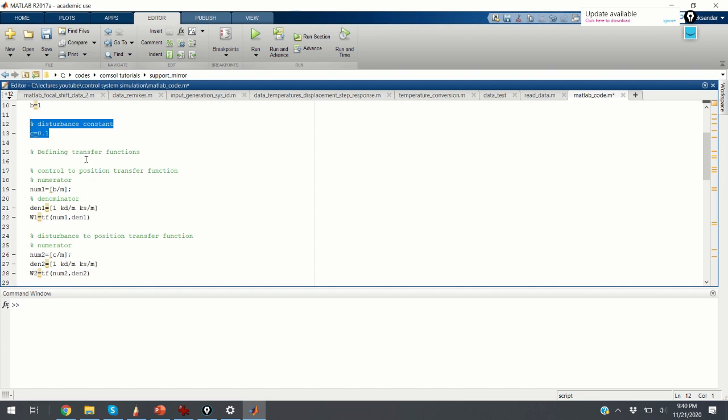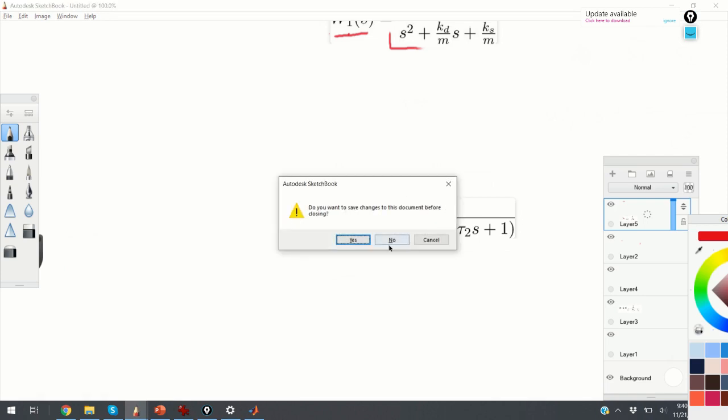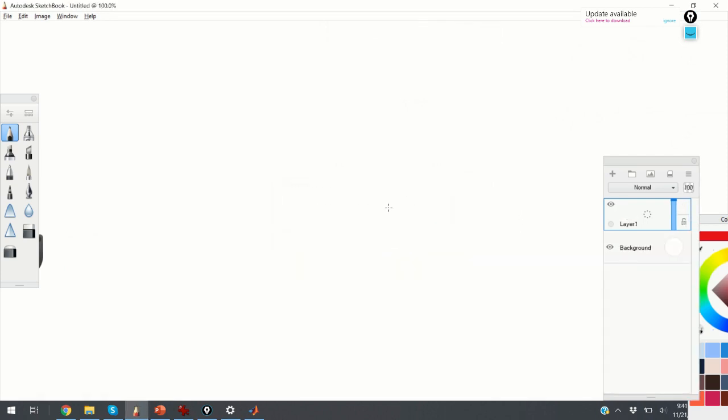So how are transfer functions defined in MATLAB? Well, in MATLAB, we define transfer functions as polynomials. For example, let us assume that I have this transfer function. Okay, this is S here. Now, to define these transfer functions in MATLAB, I would need to define two vectors.